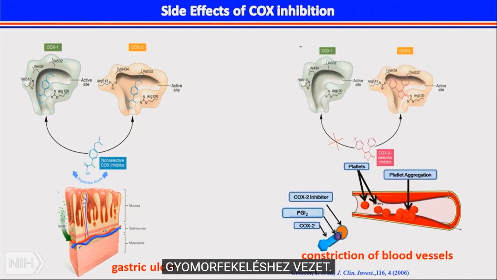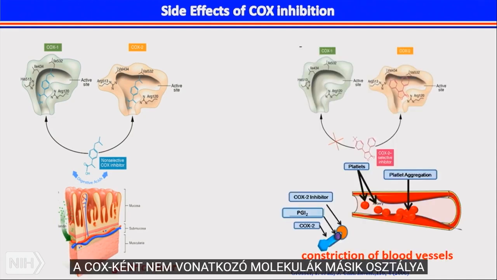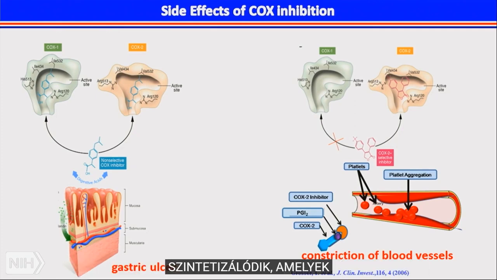Another class of molecules, known as coxibs, which were specific COX-2 inhibitors, were synthesized. Since these molecules are larger in size, they specifically fit into the active site of COX-2 without inhibiting COX-1.